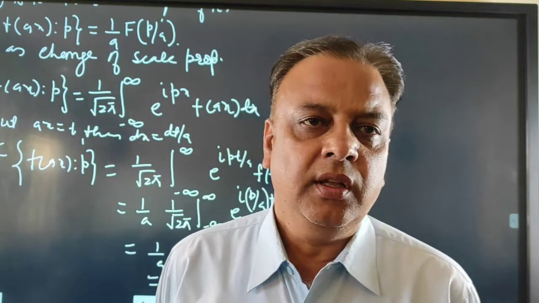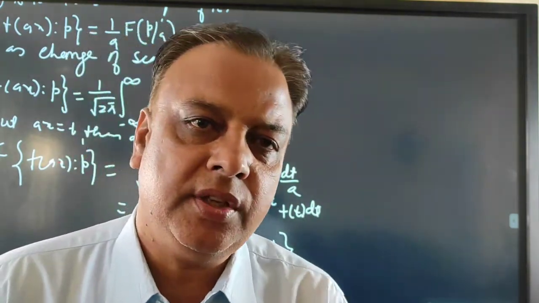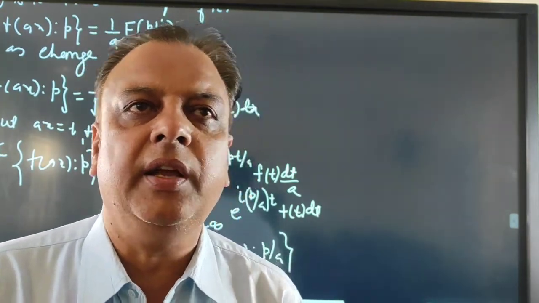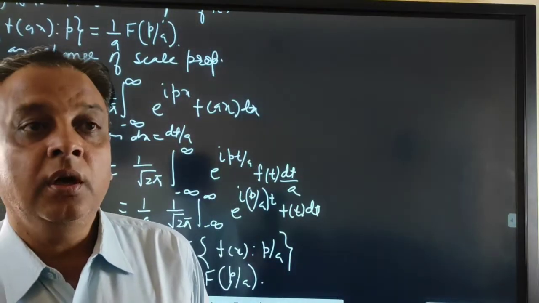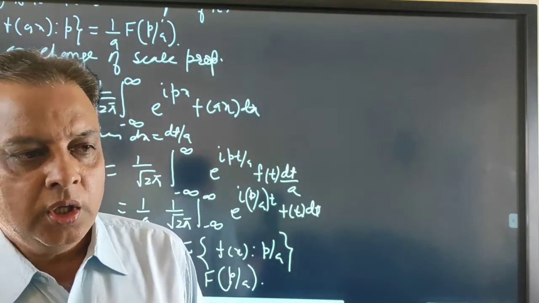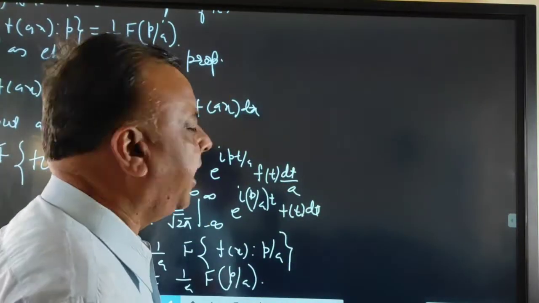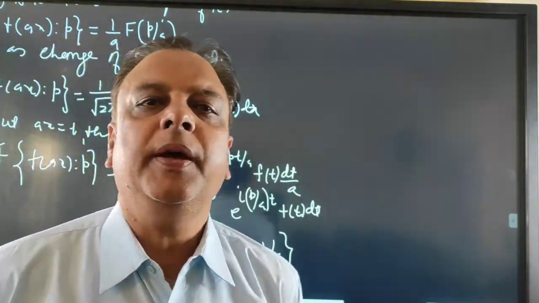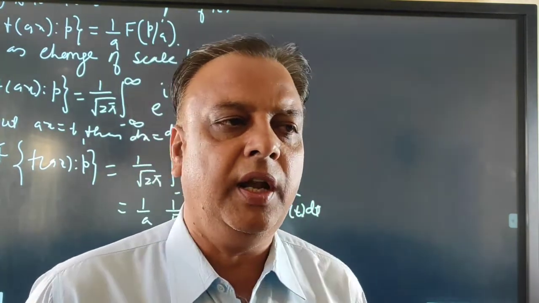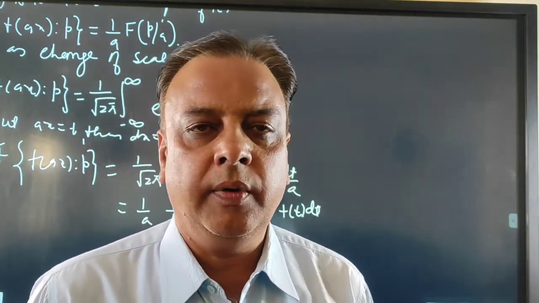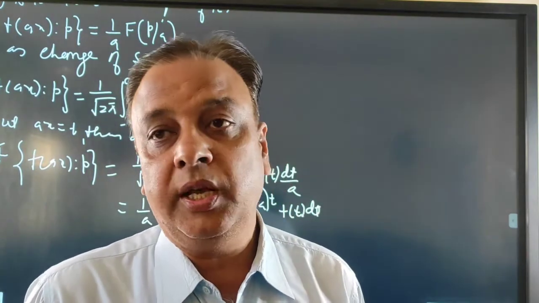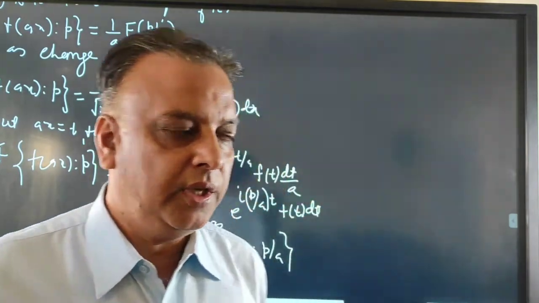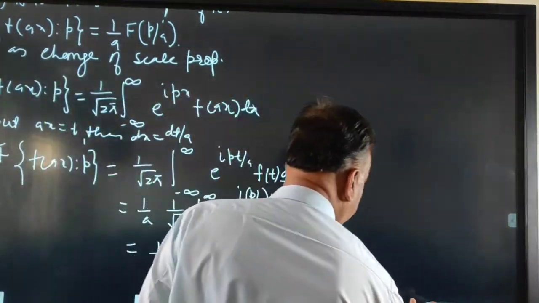So if we replace f(x) by f(ax), then easily we get the Fourier sine transformation of f(ax), and similarly we can find the Fourier cosine transformation of the function f(ax). So this is the change of scale property. We can write this easily by replacing f(x) by f(ax), then substituting ax equal to t, we get the required change of scale property for the Fourier sine transformation and the Fourier cosine transformation.